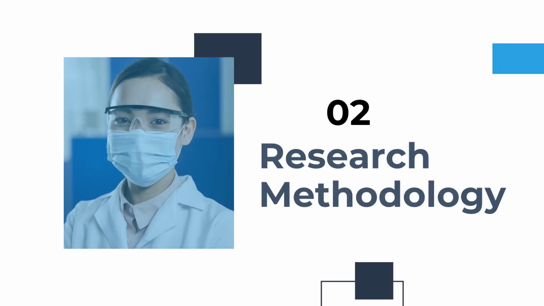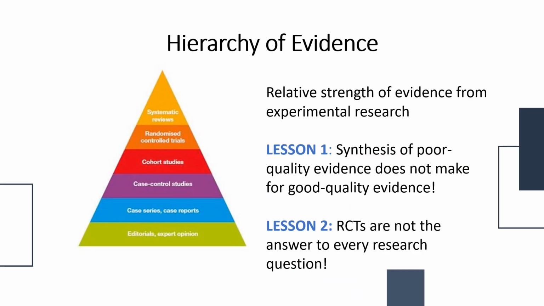So let's talk about research methodology. I'm sure you will have seen the pyramid of the hierarchy of evidence before. What this explains is the relative strength of evidence from experimental research. At the bottom, we have expert opinion or editorials, and at the top, we have synthesized evidence, things like systematic reviews and meta-analysis.